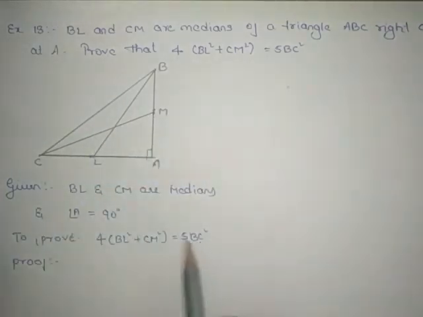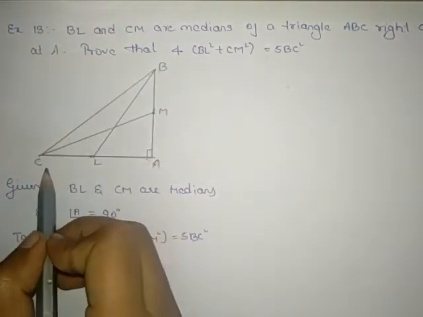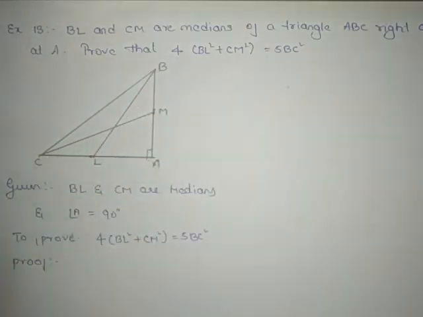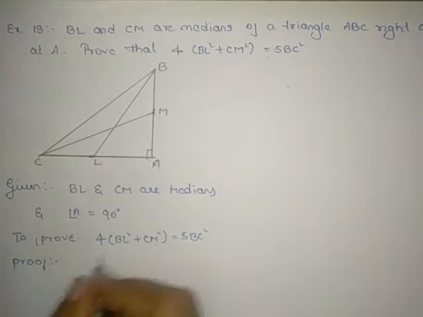One more triangle BC. BC means the triangle ABC we need to consider. So to prove this equation we need to consider the 3 triangles, right? Now for those 3 triangles we have to apply the Pythagoras theorem. Then we'll get 3 separate equations. We have to equate those 3 equations. Then we'll get this result. Let's begin the proof here.